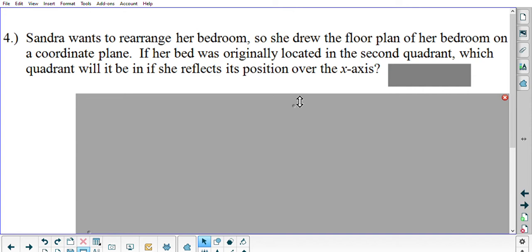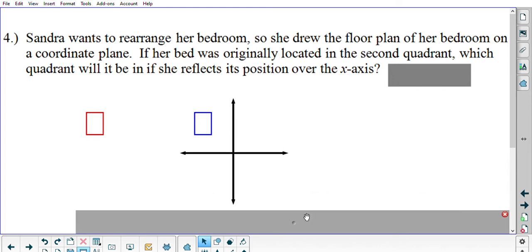All right, I hope you've done this problem on your own. Let's see how you did. So, quadrant 2 would be the top left quadrant. If you remember, quadrant 1 is the top right quadrant, and then the Roman numerals for the quadrants go in counterclockwise order. So if Sandra, however you pronounce her name, is putting her bed, originally located in the second quadrant, which I have here in blue, and she's going to reflect it over the x-axis.